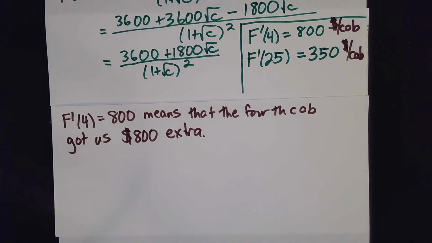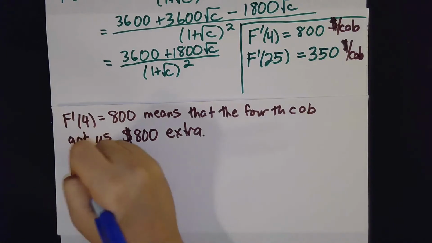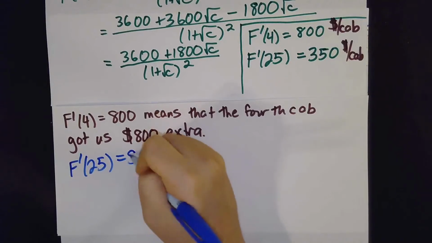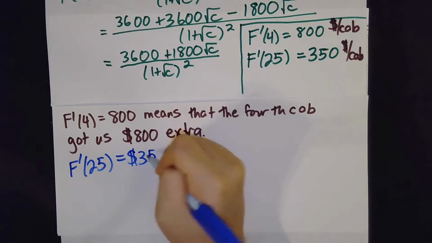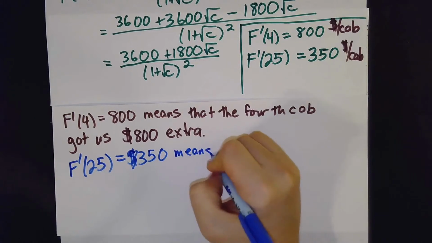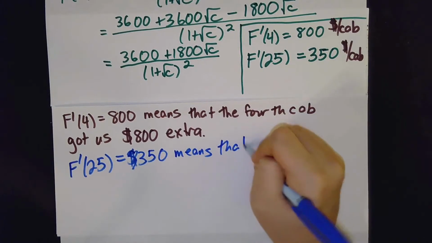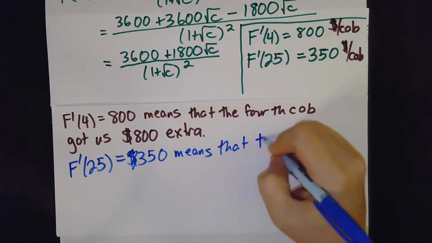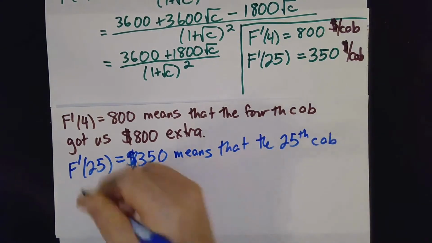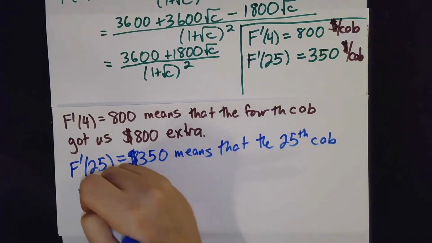And you can compare that to f prime of 25, which is only $350. What this really means is that the 25th cab only got us $350.